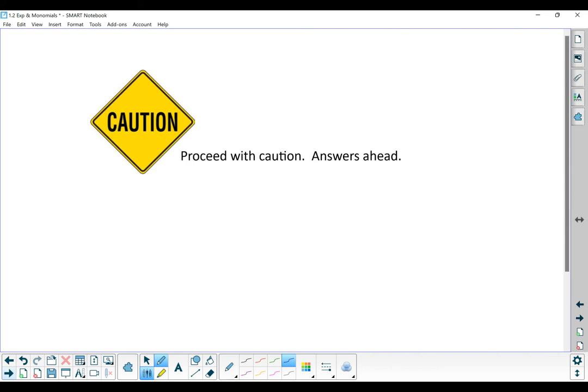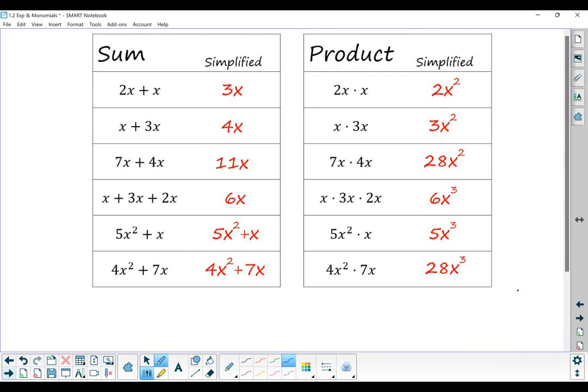There are some practice problems in your notes that we practiced in class, so I'm going to go ahead and show you those answers. If you want to try them, you probably should try them on your own first, and then the assignment is also in your packet. So if you were absent in class, try to work on that assignment and turn it in as soon as you can. Here are the answers to the additional practice problems that are in your notes.